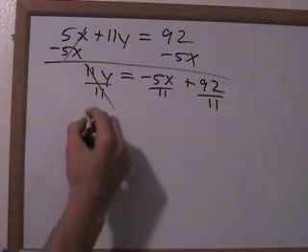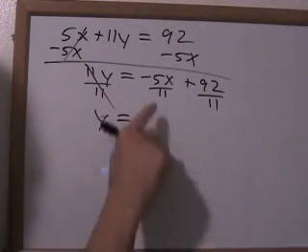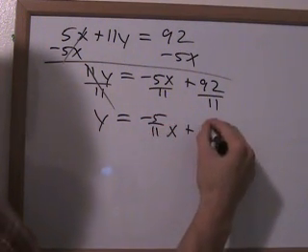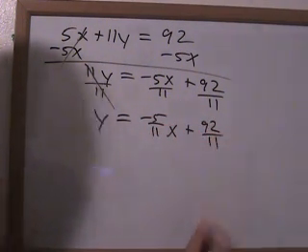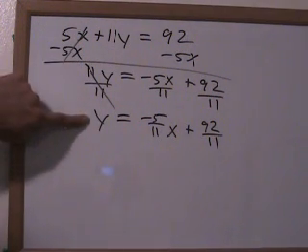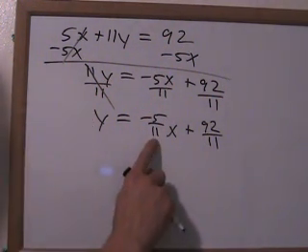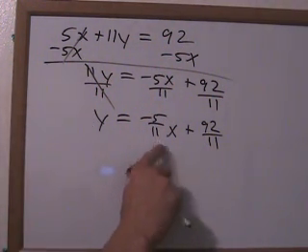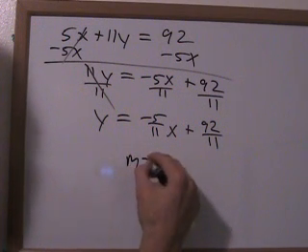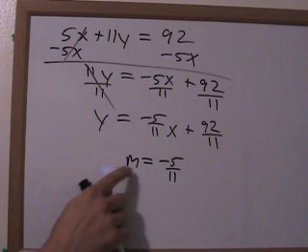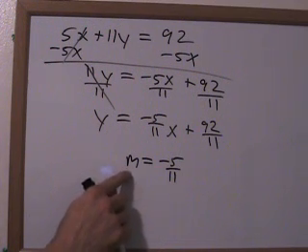So y is equal to negative 5/11 x plus 92 over 11. The only thing that matters to me is the slope. What's the slope of this equation? The slope m is equal to negative 5/11. We're going to be using this for part A.